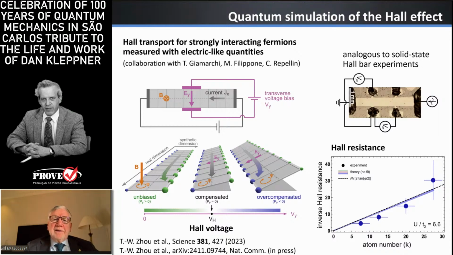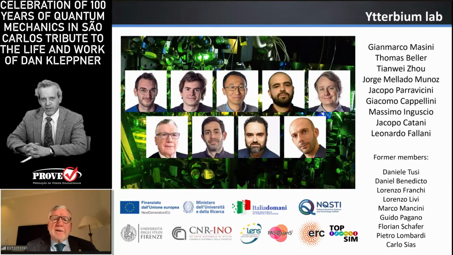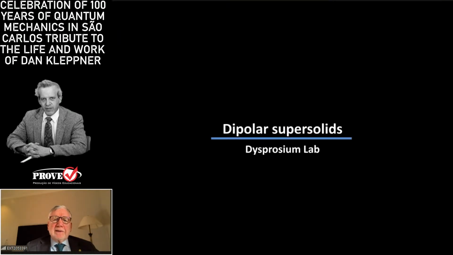And if with lithium we were simulating the Josephson junction, here we can simulate other effects. This is essentially the lab of Leonardo Fallani, about which I want to make some other considerations later.